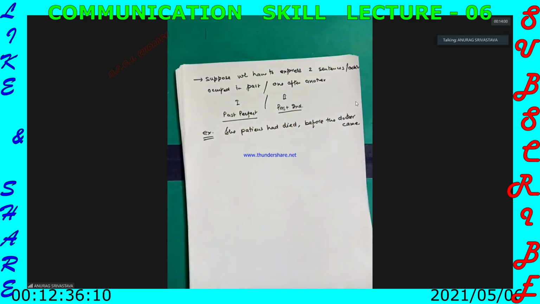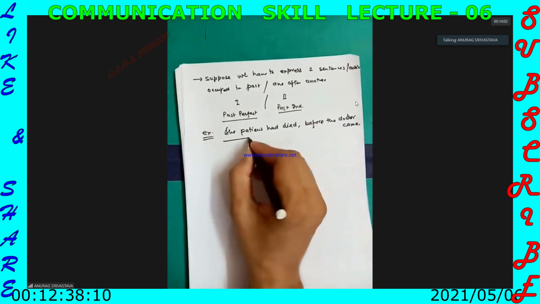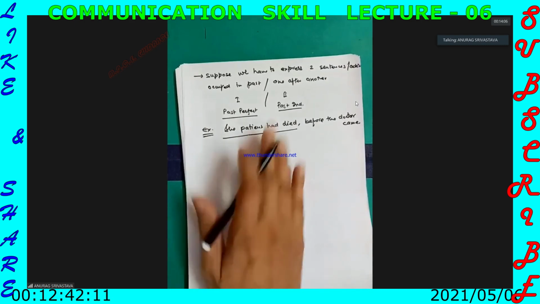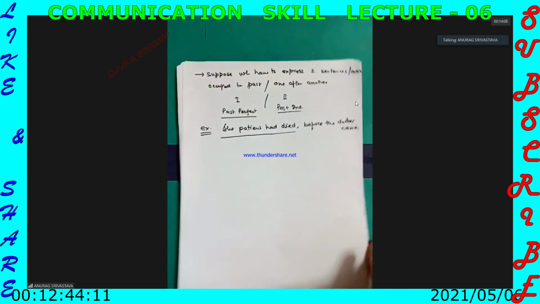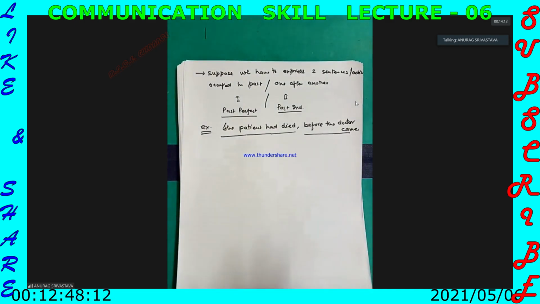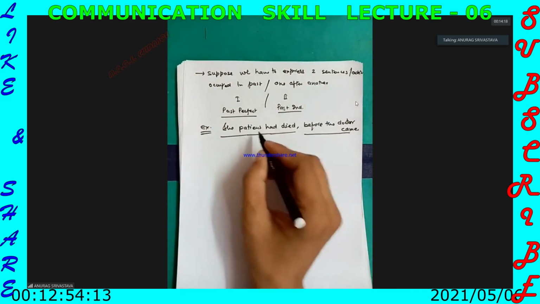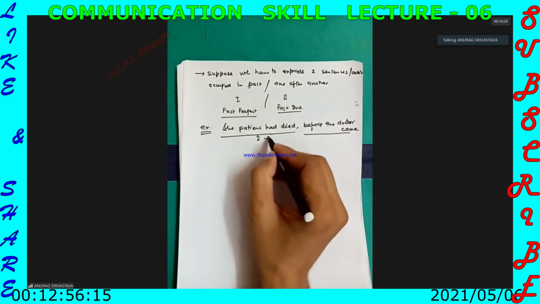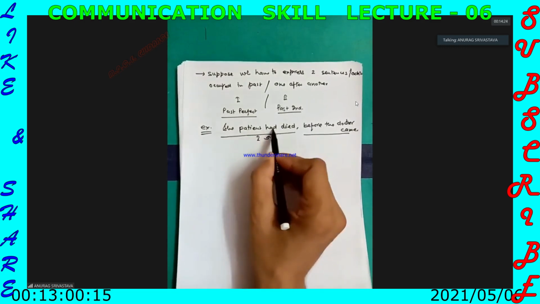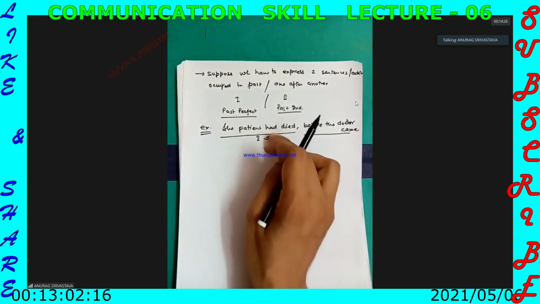In the example, there are two parts in the sentence. The patient had died. It is the first part of the sentence, which occurred in the past. And before the doctor came is the other part of the sentence, which was also expressed in the past. The first part is in past perfect tense: the patient is the subject, and because of had it is in past perfect tense.